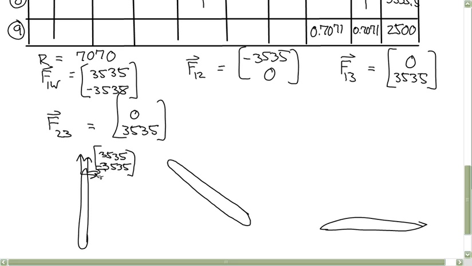And we also up here have F12, negative 35.35, 0. And F13, we have 0, 35.35. Okay.